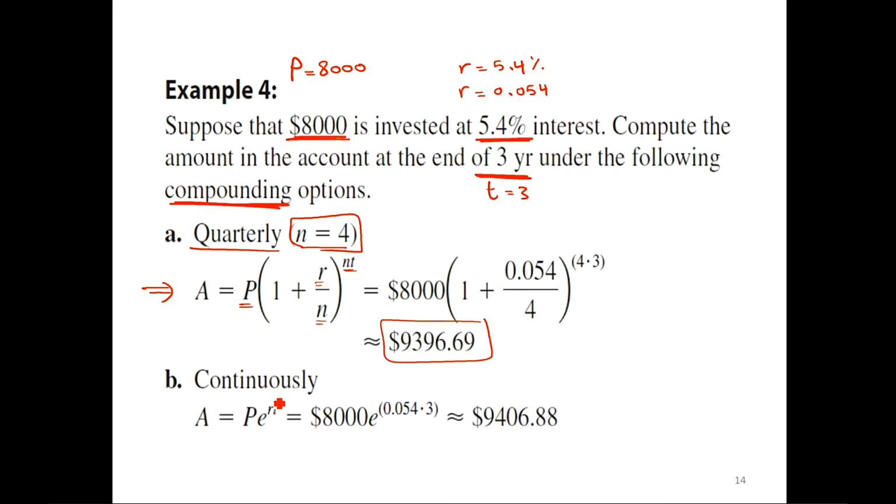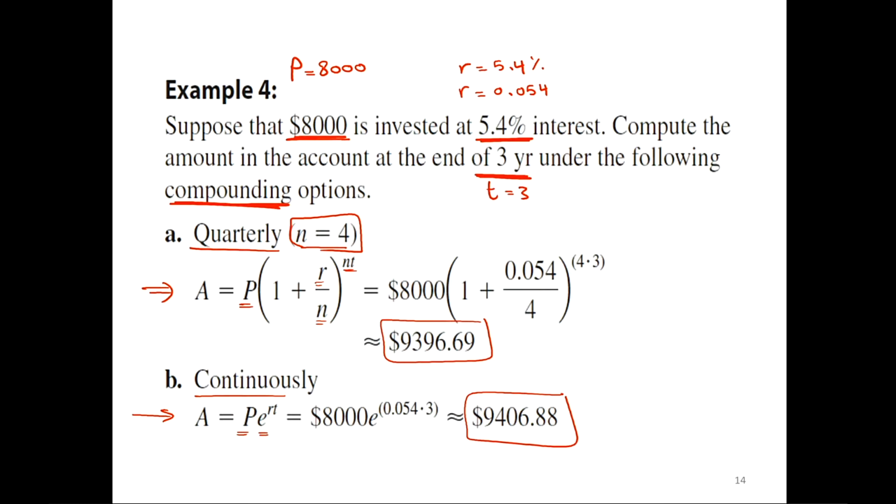But if we have continuous compounding, without n, we can find the amount in your account by using this formula: B equals 8,000, times E, this number, to the power R multiplied by T equals 3. So we can find the continuously compounded interest.